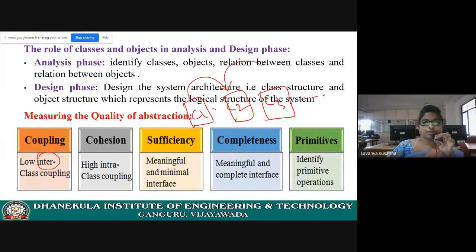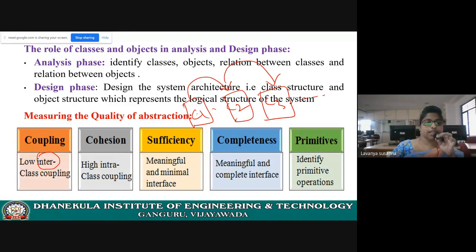Communication between these components must be very low. If the code is overlapping or modules are tied together, you cannot understand the system. There must be separation of concerns, with low coupling between the components.